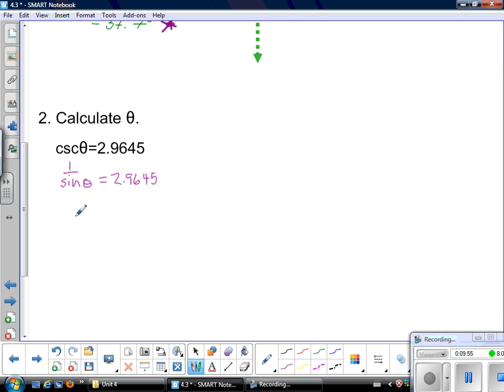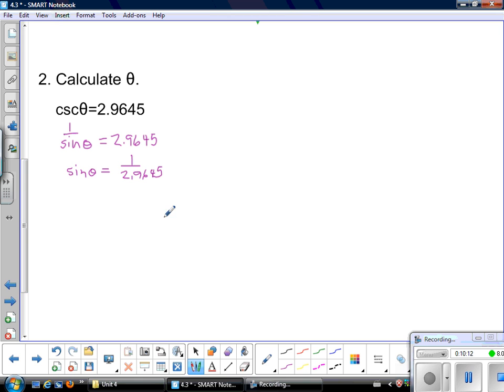And remember, I'm going to cross multiply and divide all in one step, so that means that sine theta is actually equal to 1 over 2.9645. And I do change mine to the decimal, 0.3373.